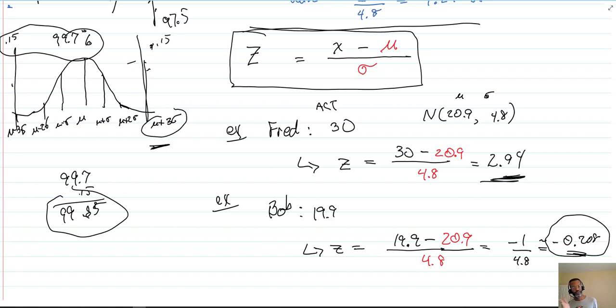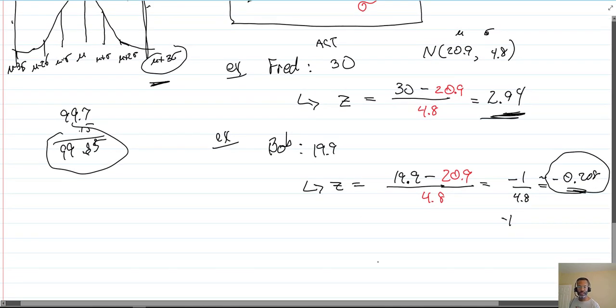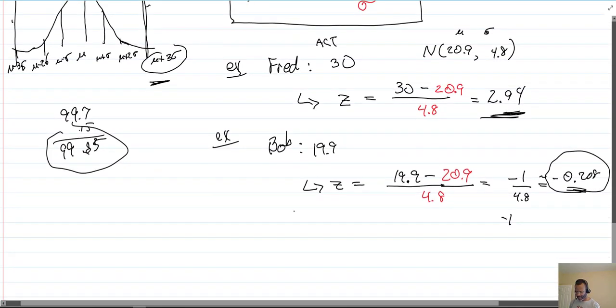So he's just a fraction beneath the mean, but had he been, say, negative 1, then he would be 1 standard deviation below the mean. So negative 0.28 may not necessarily be the most informative value, but had there been a score of, let's say, z equals -1, it adds intuition, right?